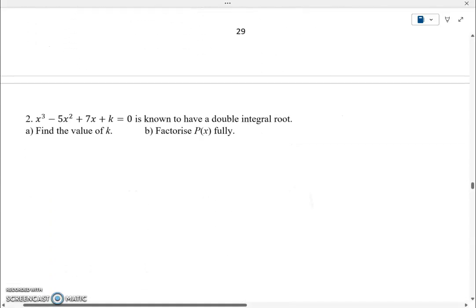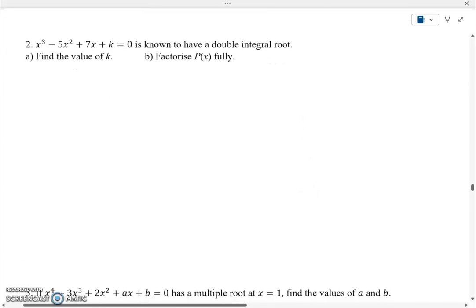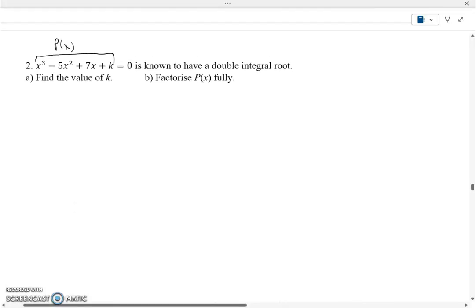Alright, let's push on, page 30. We've got a polynomial here. I'm going to call this guy here p of x, if that's alright. We've got it equal to 0 is known to have a double integral root. The word integral, it's a bit of an old school word, but it means integer.